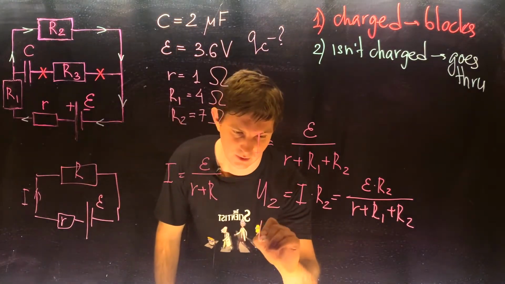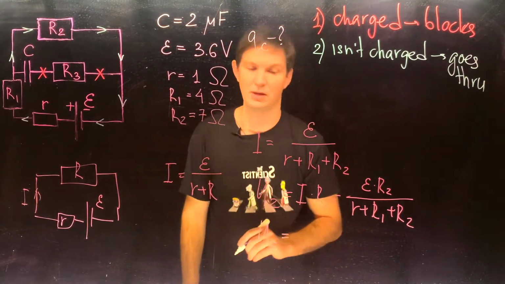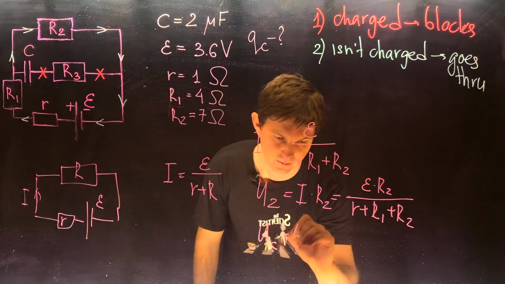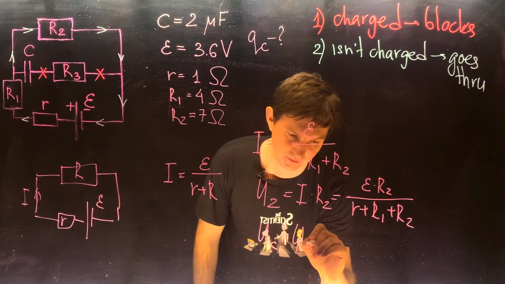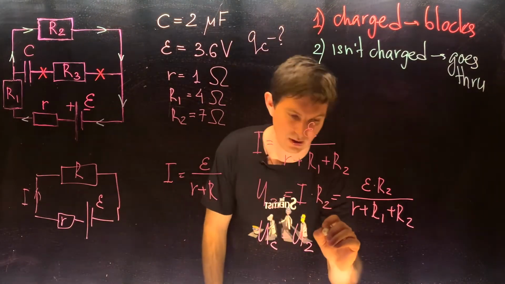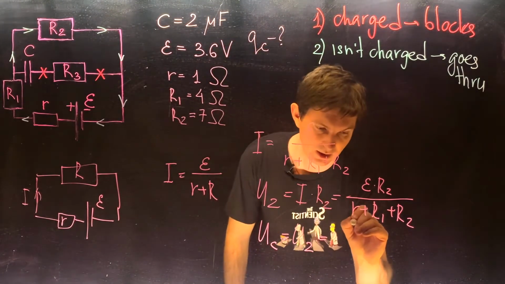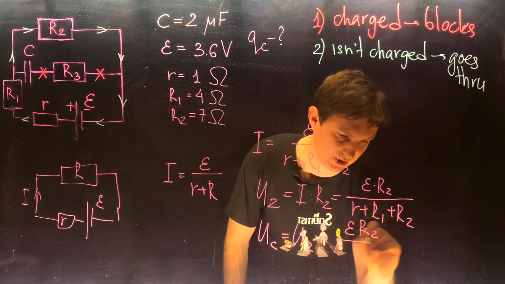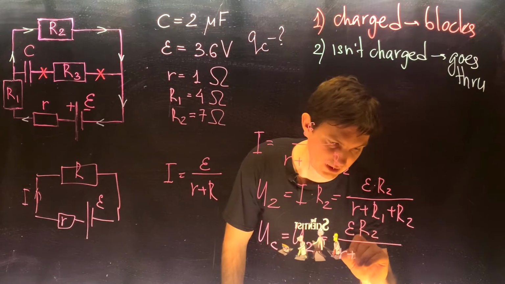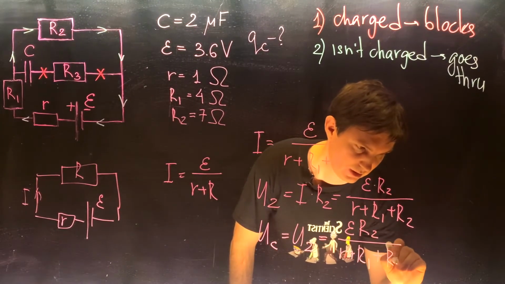So the voltage of the capacitor is the same as the voltage of the second resistor. And we know that the voltage of the second resistor is E times R2 divided by R plus R1 plus R2.